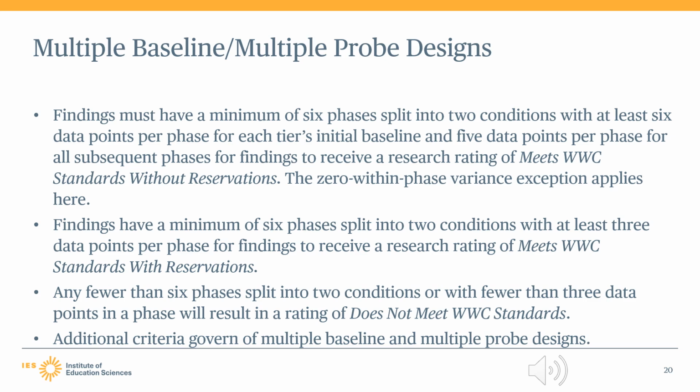In practice, this means that these types of designs must have at a minimum 3 tiers with each tier split into a baseline and intervention phase to meet WWC's standards at any level. The number of data points within those phases then dictates the research rating the finding is eligible to receive.